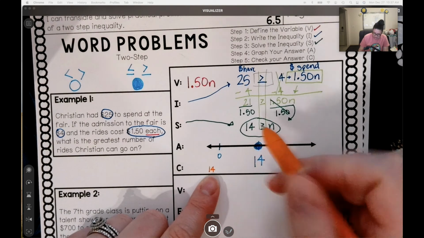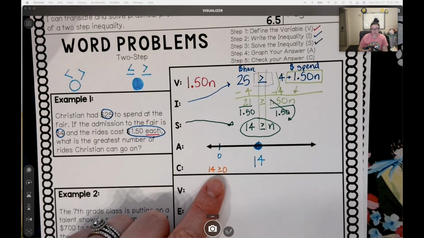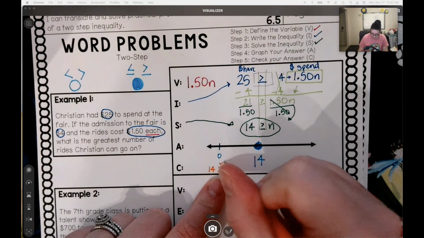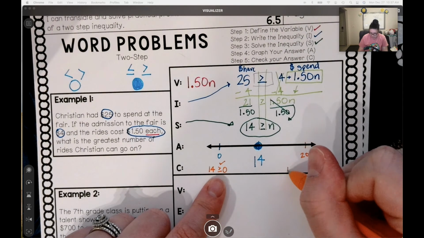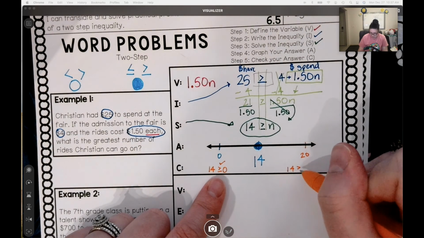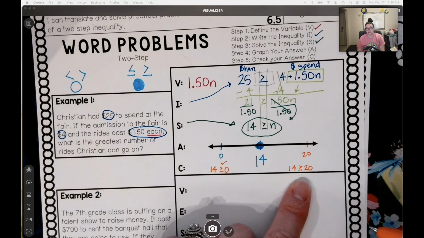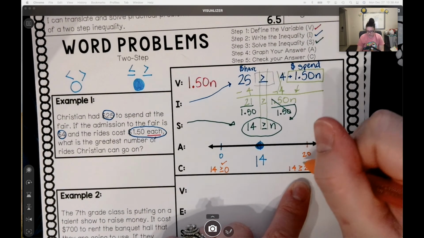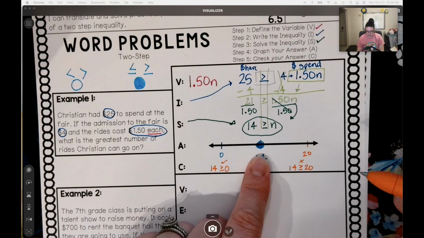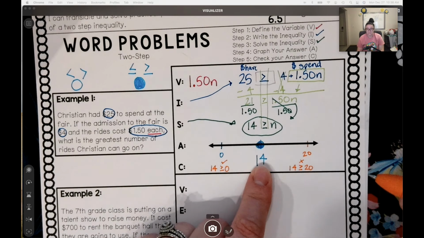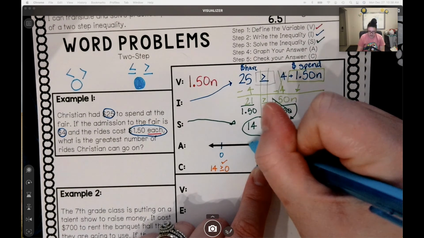Is 14 greater than or equal to 0? Yes, it is. Let's try 20. Is 14 greater than or equal to 20? No, 20 is too big. So that means we need to shade what direction? That means we need to shade to the left.